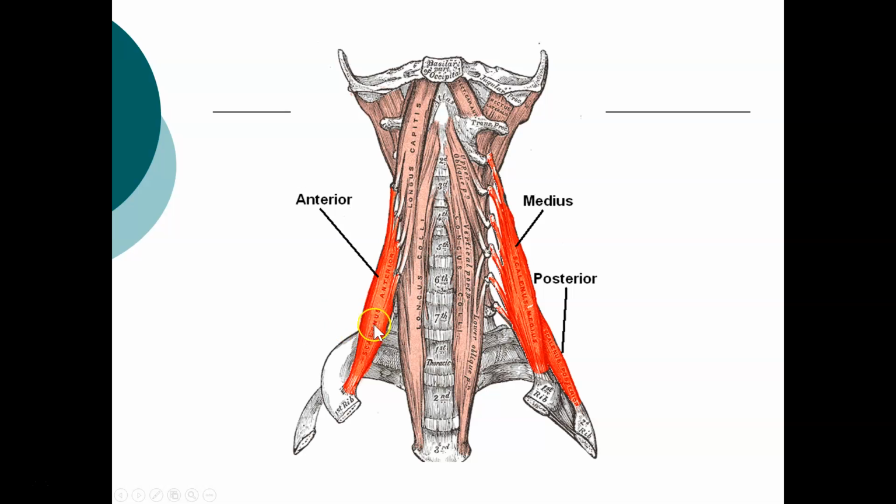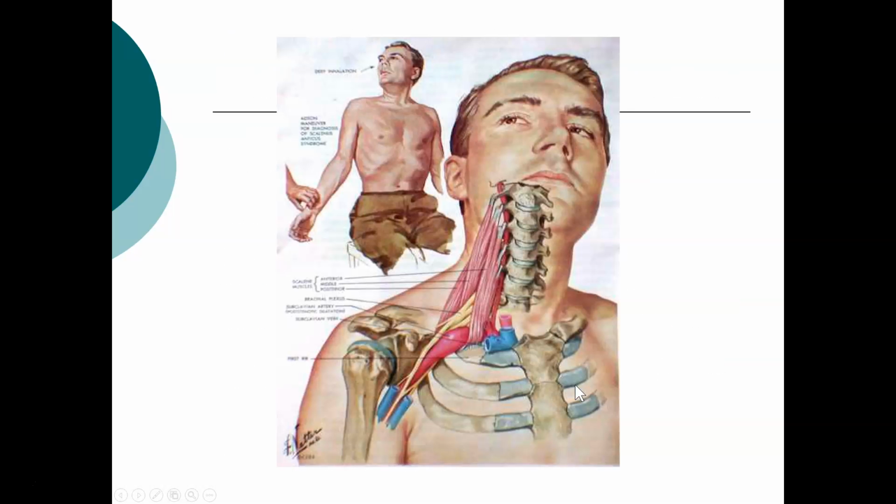So we see here we have the anterior on this side. Please remember, anterior and medius both find attachment on the first rib with the subclavian groove between the two of them, and then we have the posterior that is attached to the second rib. If we go back to the initial picture, when I talked about the subclavian artery, it is between the scalene anterior and scalene medius that we find a small triangle which allows the subclavian artery and the brachial plexus to pass through.